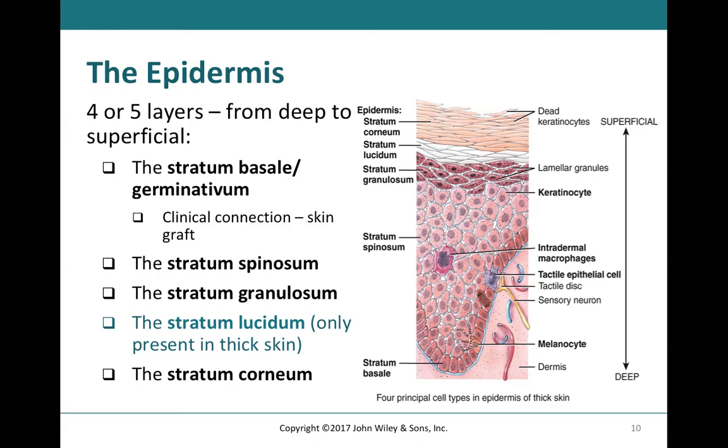So say a portion of the skin ends up with a large wound, and that skin's not going to be able to actually oppose back together on its own because the wound is too large, then you can have a skin graft performed. Now say maybe a burn victim has a large portion of the skin removed, then maybe they don't have enough skin to be grafted to even cover the wound.